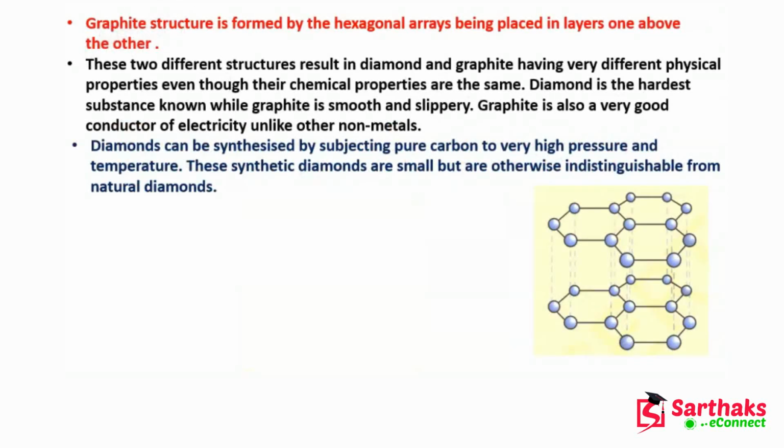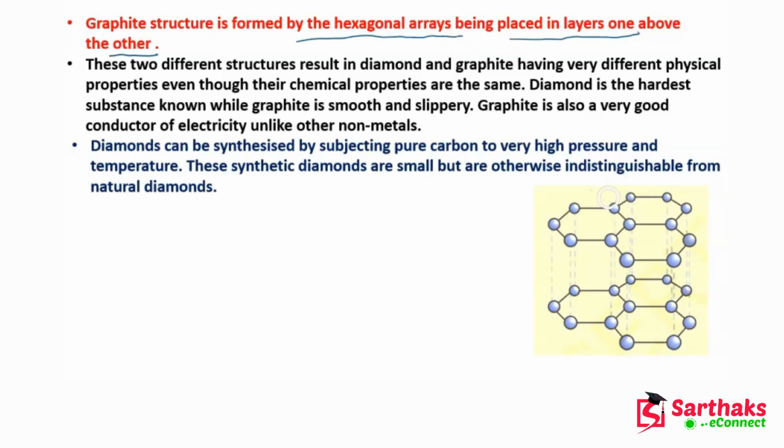Okay students, so here the graphite structure is formed by the hexagonal arrays being placed in layers one above the other. On the previous slide I told you that the graphite structure gives hexagonal arrays.